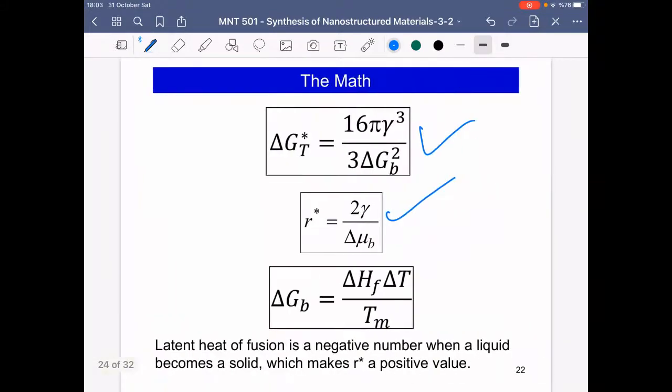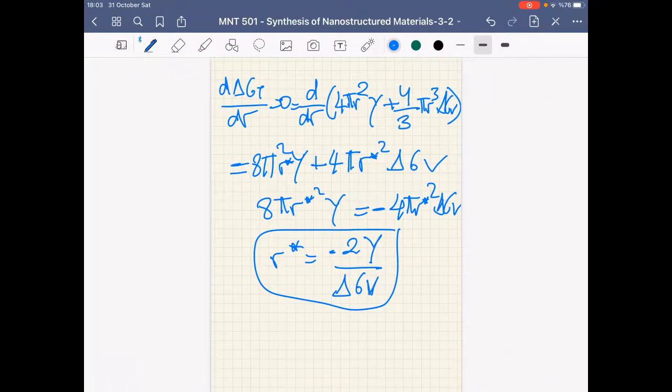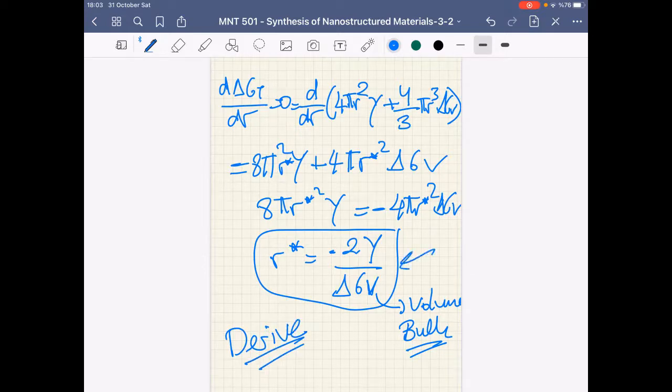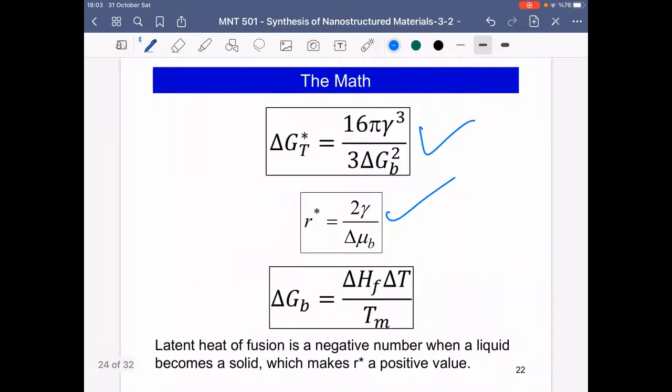This is the bulk, volume term. Even if I did something wrong here, I'm sure you're going to be able to do this derivation. Derive this, okay, guys? And you obtain this, and that can also be expressed from the chemical potential point of view.